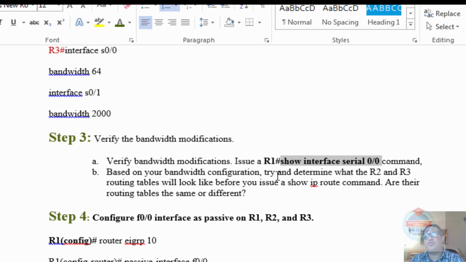Based on the bandwidth configuration, try and determine what the R2 and R3 routing tables will look like before you issue a show IP route command. Are the routing tables the same or different? We're gonna check that out right now.